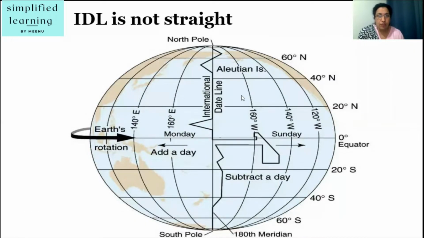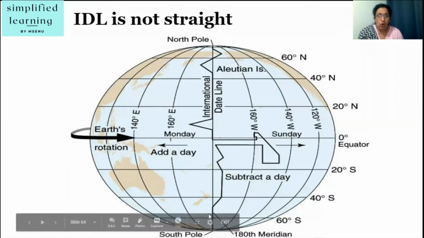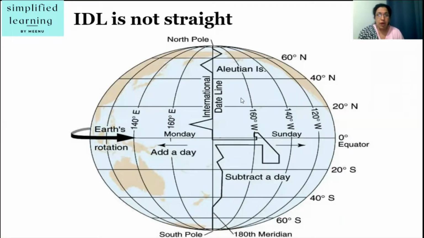Now try to understand from the figure. Now we know this is the back side of 0 degree, that is the prime meridian. So here you can see this part is west and this part is east. Clear? So as you know, the sun rises in the east. So which part will experience day earlier? That is the eastern hemisphere.